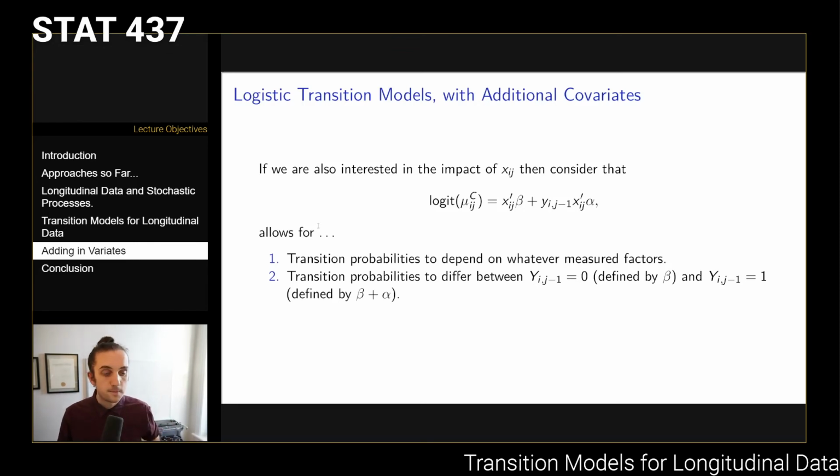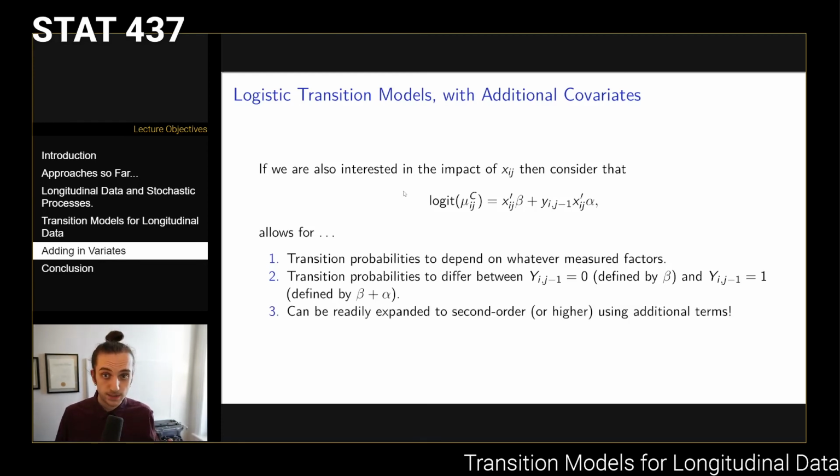As we were mentioning, when your previous time point was a 0, then we have the effects being defined by beta. And when the previous time point was 1, the effects are going to be defined by alpha plus beta, right? Because you're going to have a 1 plugged into this term here. And when this term has a 1 plugged into it, we can just factor the xij transpose outside, xij transpose times beta plus alpha. So that gives us the effects there, right?